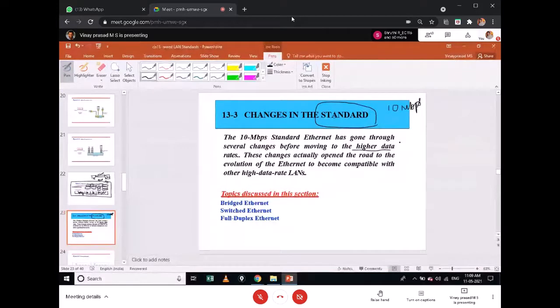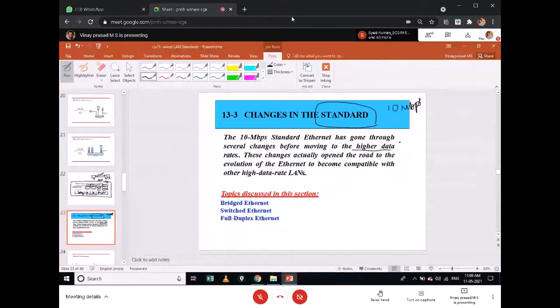So these changes open up a road to the evolution of Ethernet, and it becomes compatible with other higher data rate LANs, as well as backward compatible with standard Ethernet.